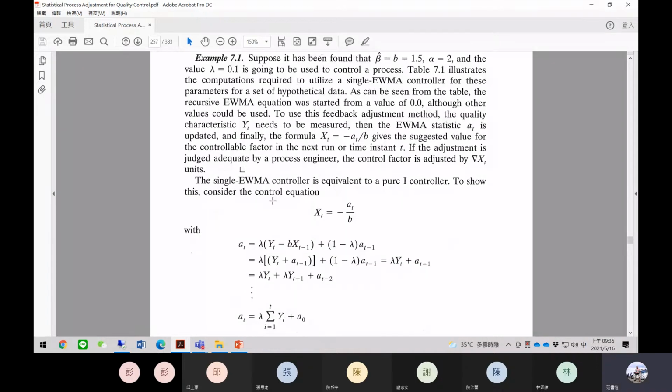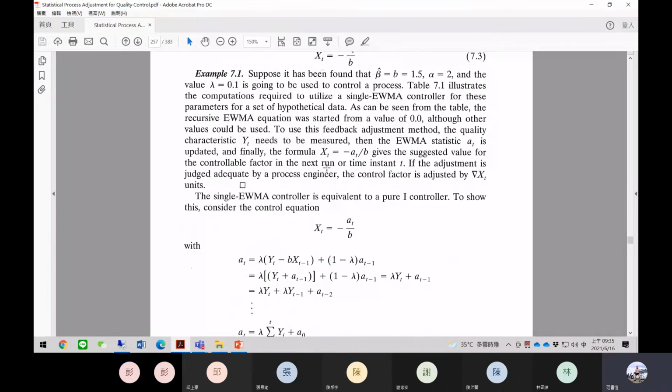So this is run to run. The formula xt equal to minus at over b gives the suggested value for the controllable factor in the next run, for the time instant t. If the adjustment is judged adequate by a process engineer, the control factor is also adjusted by a delta xt unit.